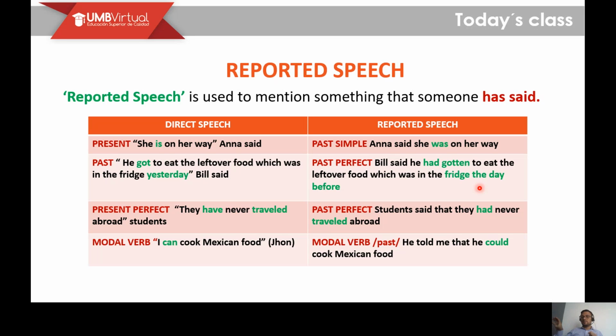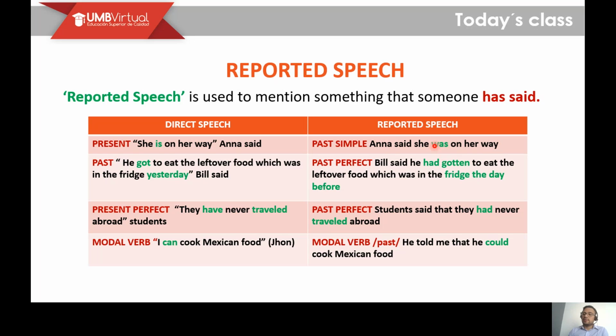Pero si esta persona estaba recordando un momento más hacia atrás en el pasado, pues desde luego yo voy a hacer lo mismo, me devuelvo aún más en el pasado. ¿Listo? Entonces tenemos presente. Si me lo dicen en presente, mi reporte desde luego irá en pasado simple. Presente simple, pasado simple. Anna said she was on her way.